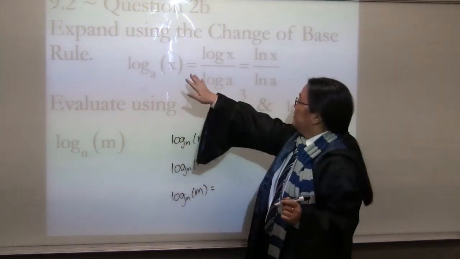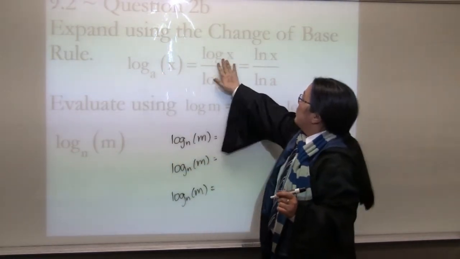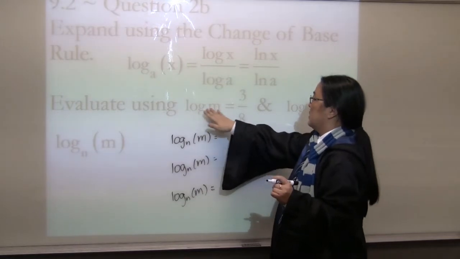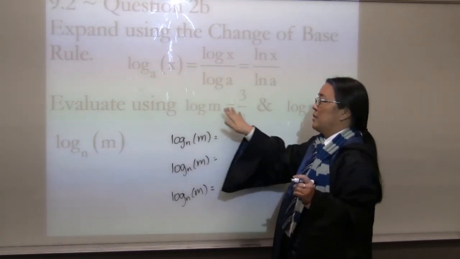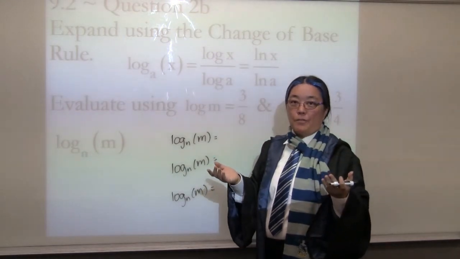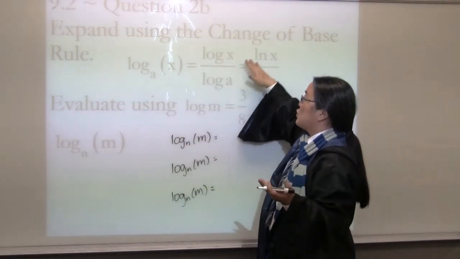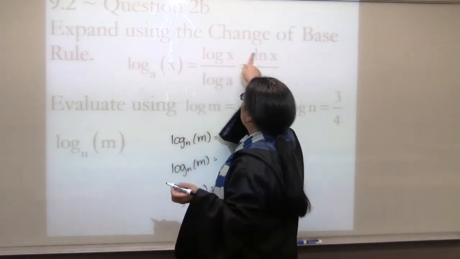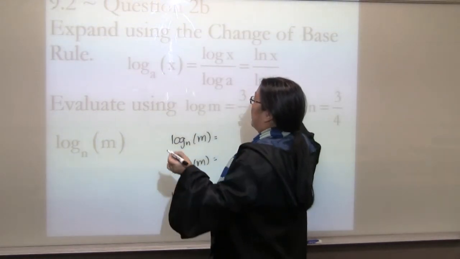Now, if you look at this, we have to write this out 2 different ways. The reason is sometimes I'll give you logs, and sometimes I'll give you ln's and ln's. I want to make sure that you are ready for either of them. So I am going to make sure that you write them out both ways. Now, some people want to know, why is x on the top and a on the bottom?